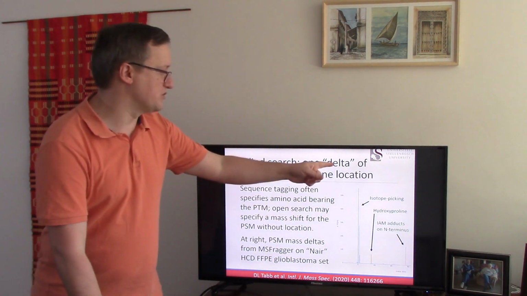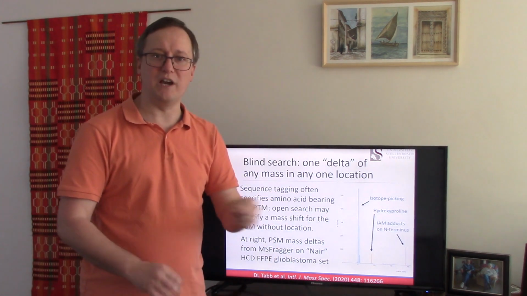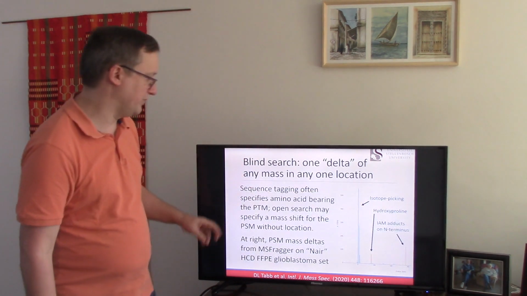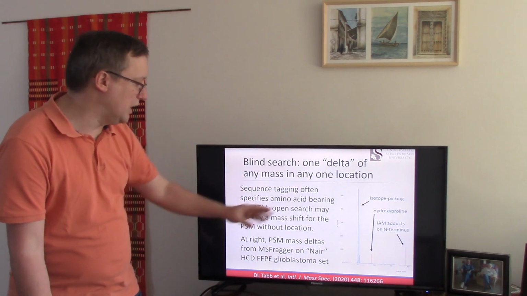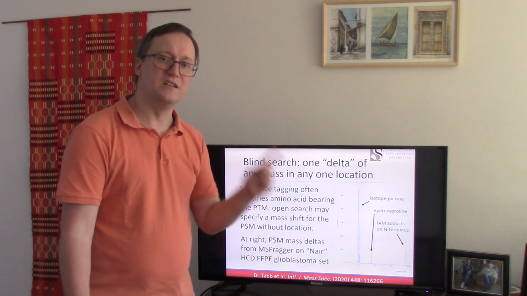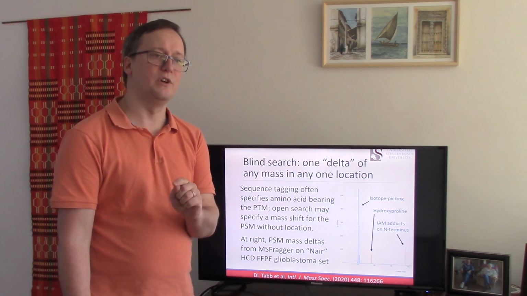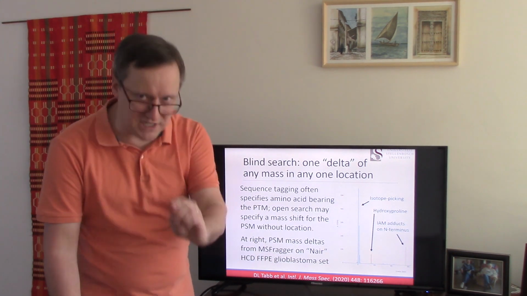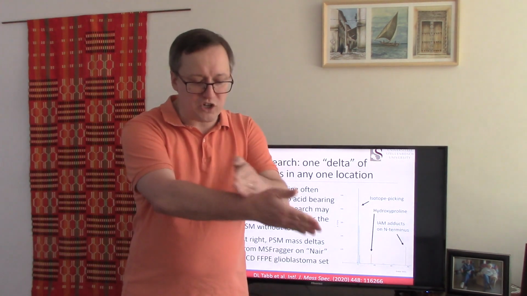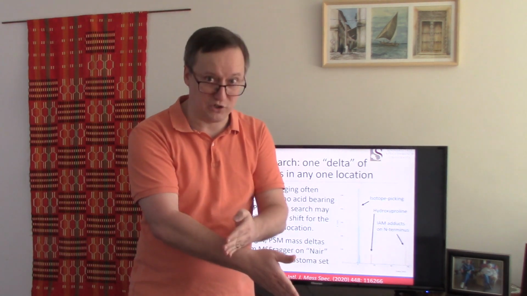Okay? So there's one delta somewhere on this peptide, and it can be allowed at any position. Sequence tagging does this very well. Open search does the same, but typically the result from open search is going to require some interpretation to say which amino acid bears this mass shift.